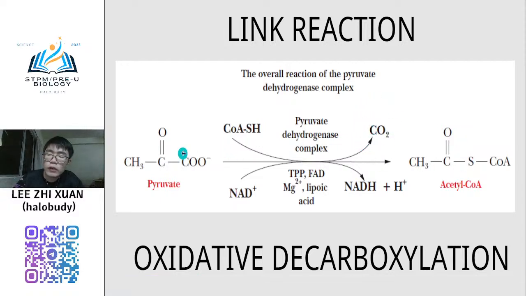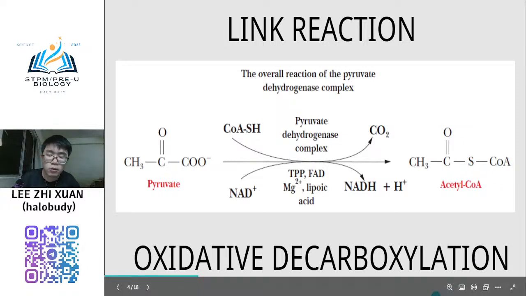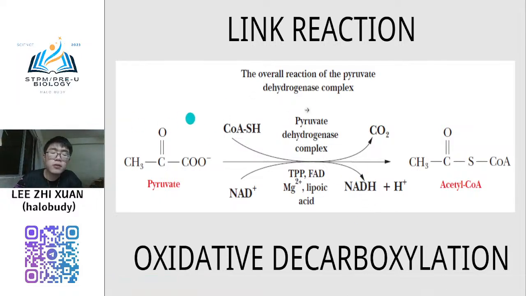If you look here, this carboxyl group, COO, is removed, and then coenzyme A is added. This reaction is a very complex reaction. You see that this is the general overall equation.